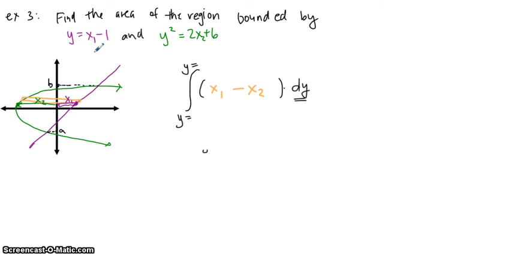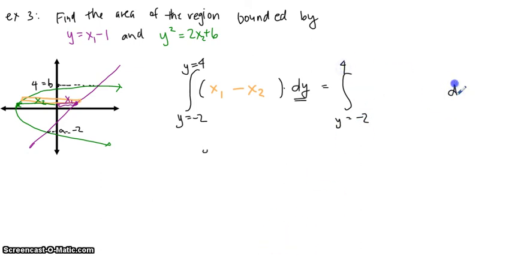When you set the two x's equal to each other, you'll find that A is equal to -2 here, and the upper boundary B is equal to 4 here. So y equals -2 to 4.